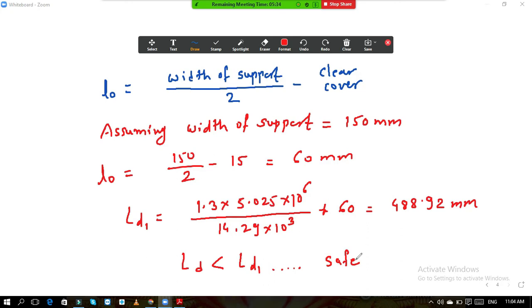Okay. Now we will draw the typical section of cantilever slab and we will show the reinforcement. So now this is our cantilever slab.